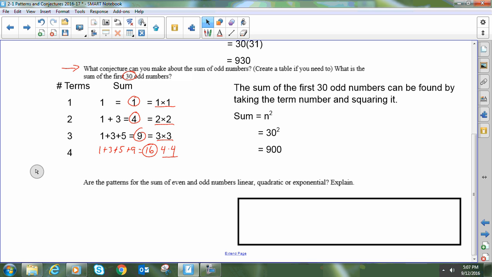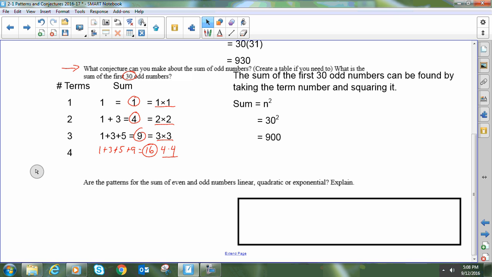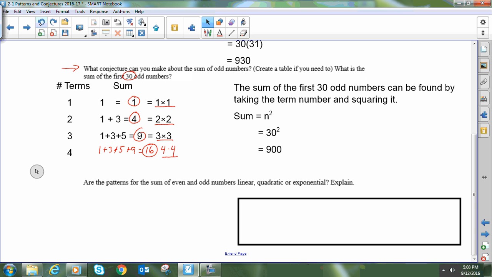So I'm amending it a little bit for this case and saying the sum of the first 30 odd numbers can be found by taking the term number and squaring it. So the first 30 odd numbers would have a sum of 900.